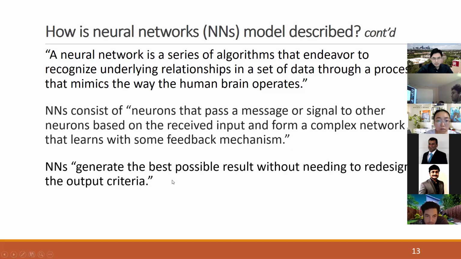Neural networks generate the best possible result without needing to redesign the output criteria. So this may not read like meaningful, because it's not trying to summarize using simple terms the layout of the structure. It didn't even talk about biological structure of the human brains.